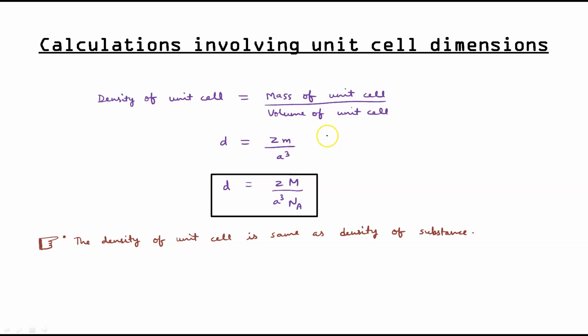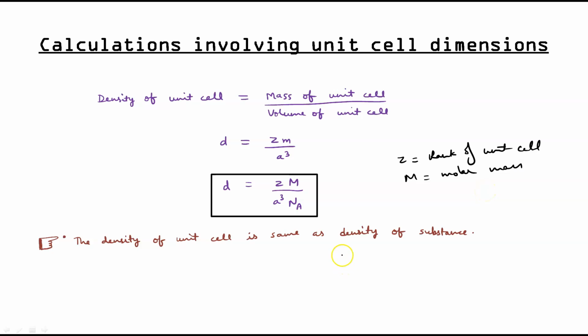So here is the formula of density of unit cell: mass of unit cell divided by volume of unit cell, because we know the formula for density is mass upon volume. Now comes Z M upon A cube Na. Here Z is the rank of unit cell. M is the molar mass.